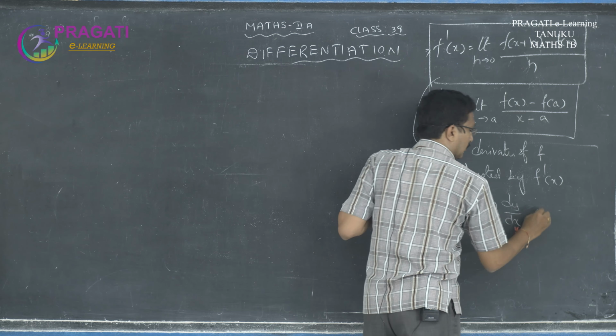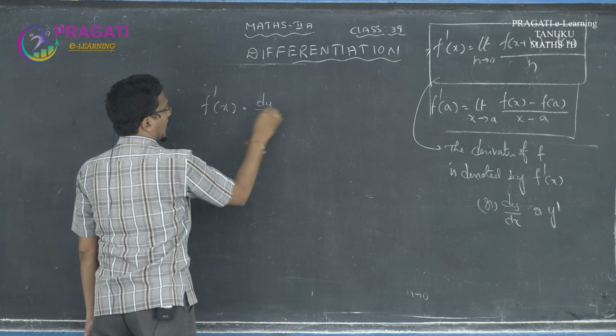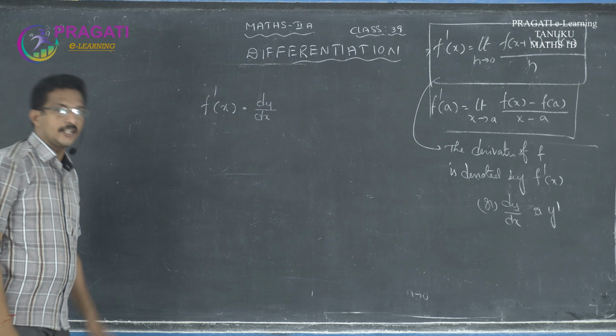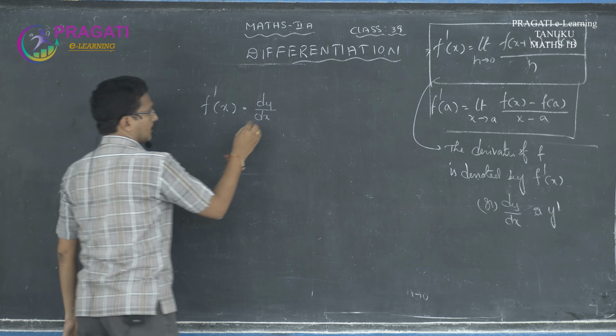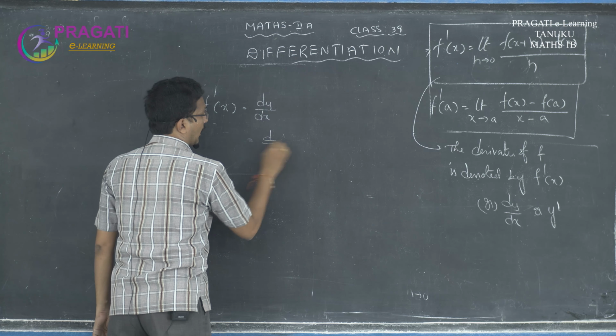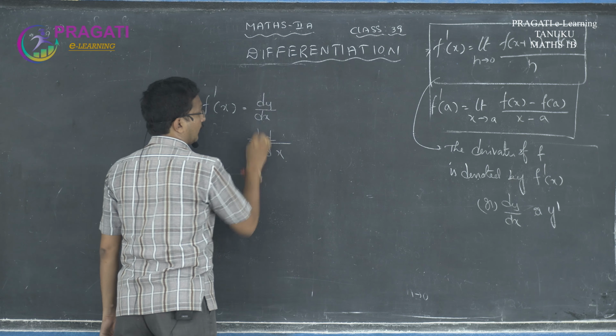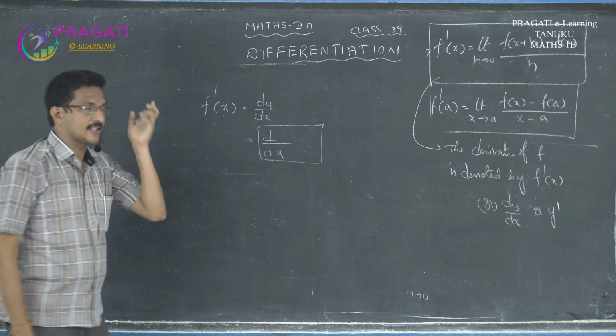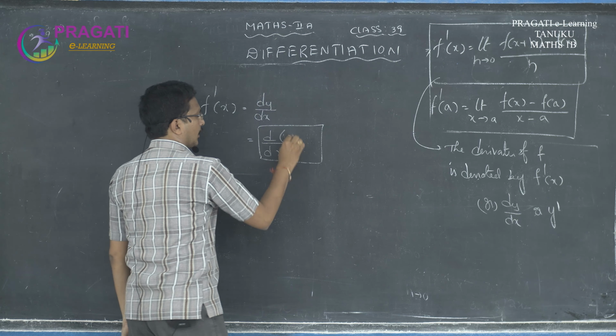Sometimes it is y dash. F dash of x or dy by dx. Derivative means here d by dx. Derivative means d by dx. Derivative of x square, here to write it.